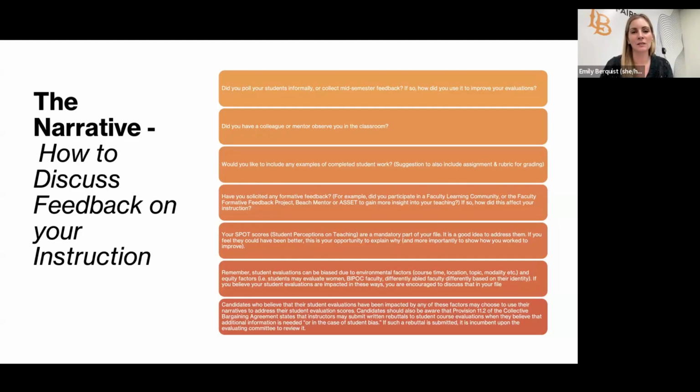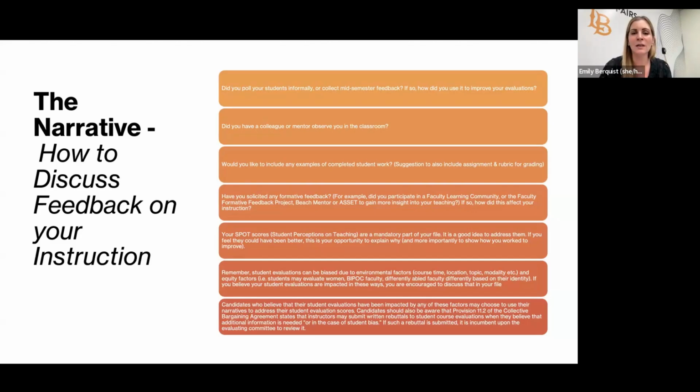A way you can sometimes get a little more insight on that is to have a colleague or a mentor observe you in the classroom, right? And then again, in your RTP narrative, you could talk about what they observed and what they shared with you after their observation, how you used that to improve and or change your teaching.